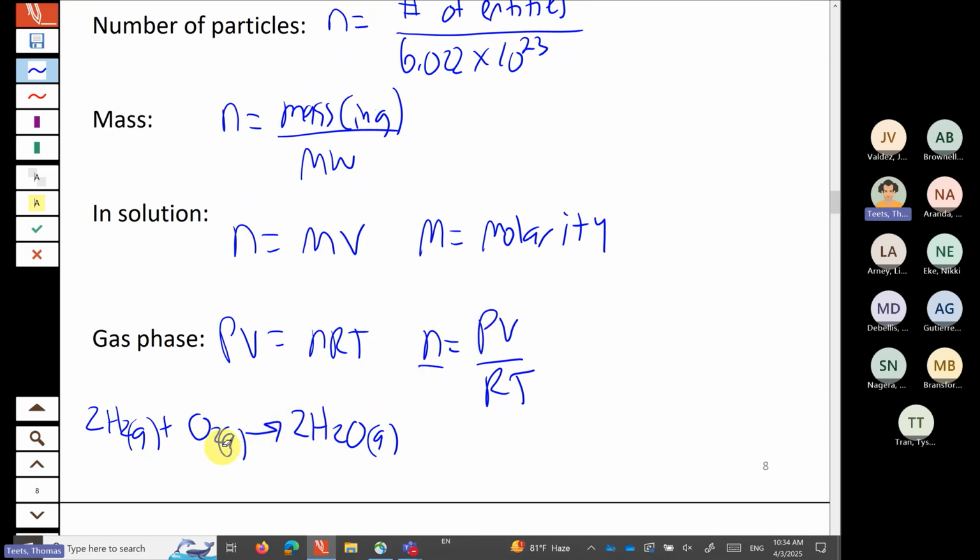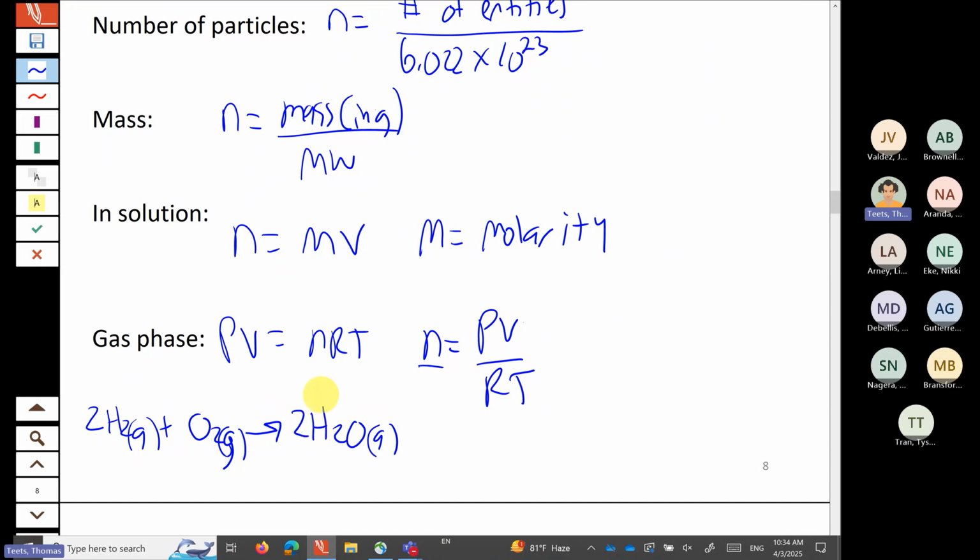So again, these are all 3 gases, and we have 2H2 plus O2 goes to 2H2O. The standard way of reading that would be 2 moles of hydrogen reacts with 1 mole of oxygen to make 2 moles of H2O. But because the number of moles is proportional to volume, if all the gases are at the same temperature and pressure, we could also say that 2 liters of hydrogen reacts with 1 liter of oxygen to make 2 liters of water.